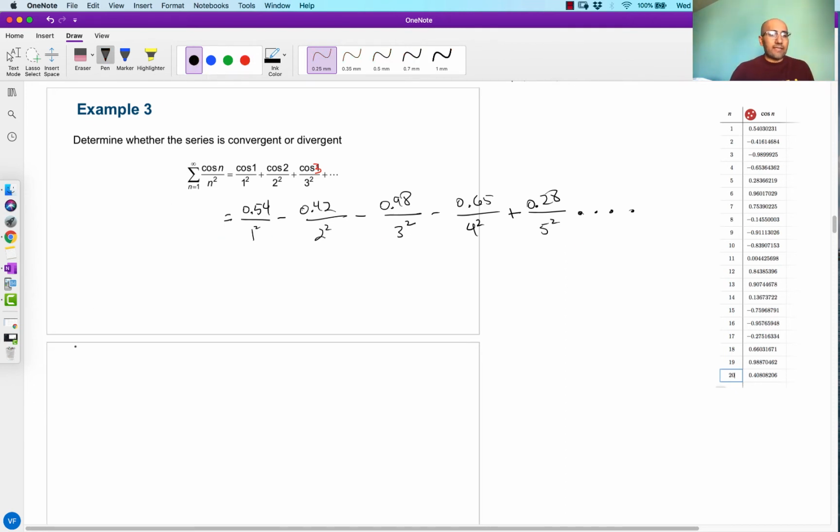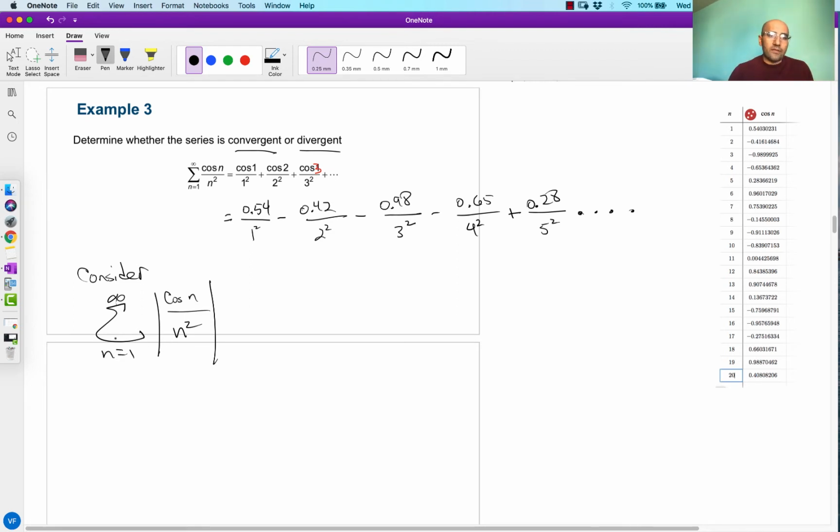Tying it back to what we're working with, in order to answer the question, is this one convergent? Is it divergent? Let's consider this new series that takes the absolute value of each one of these, the absolute value of cosine of n divided by n squared. Now n squared is always positive, especially since n is only the counting numbers starting at 1.